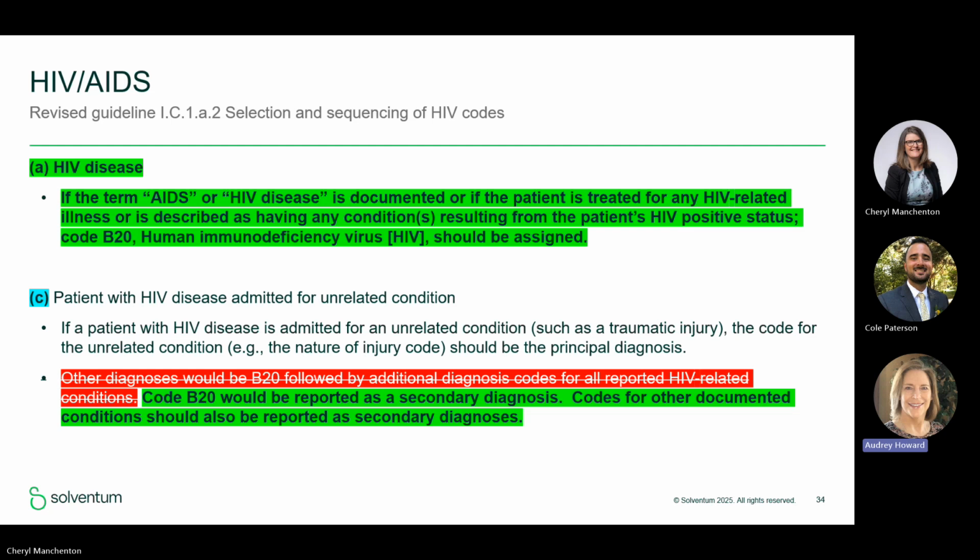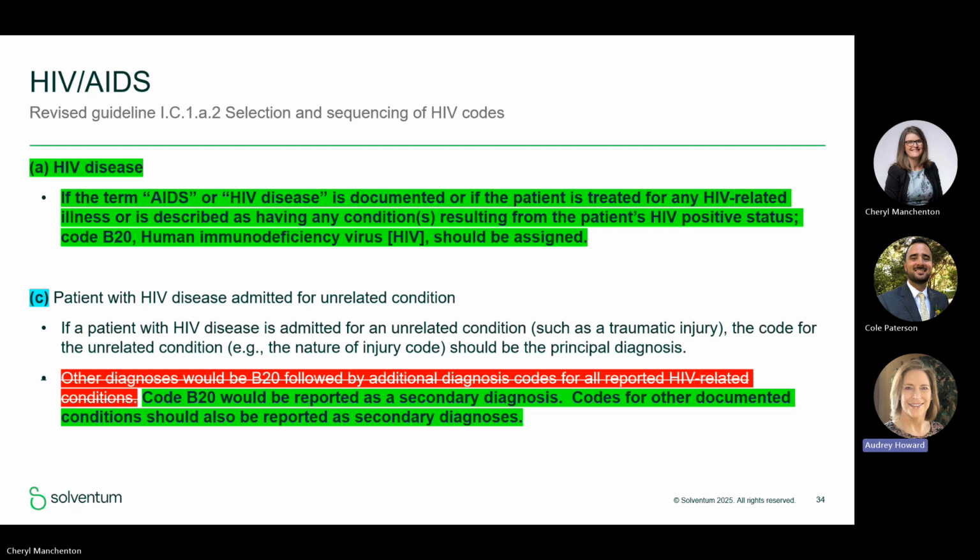For example, this first guideline for HIV disease was included in the prior guidelines, but it was moved to the front and center and rephrased to state, if the term AIDS or HIV disease is documented, or if the patient is treated for any HIV-related illness, or is described as having any condition or conditions resulting from the patient's HIV positive status, code B20 should be assigned.